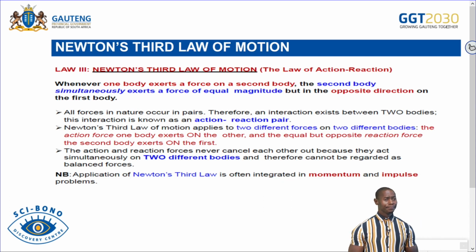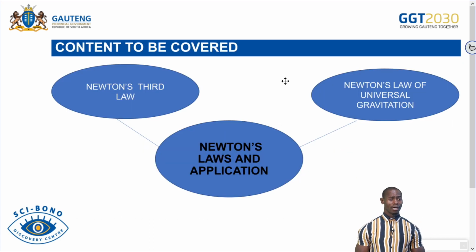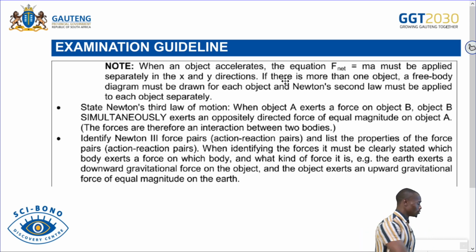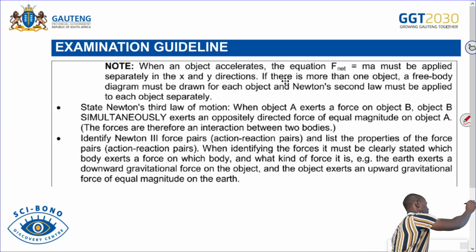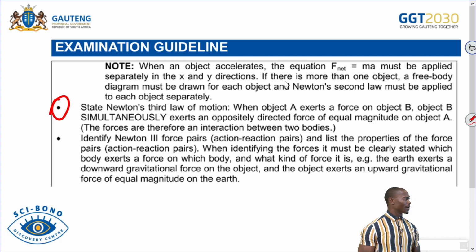All right. Then Newton's third law, as I've mentioned, today our focus is Newton's third law and also Newton's law of universal gravitation. So learners, according to our examination guidelines, this is how you are supposed to define Newton's third law: when object A exerts a force on object B, object B simultaneously exerts an oppositely directed force of equal magnitude on object A. So this is how we have to state Newton's third law.